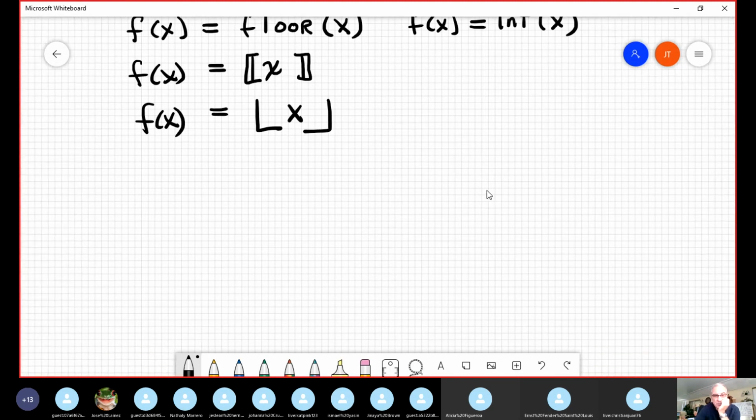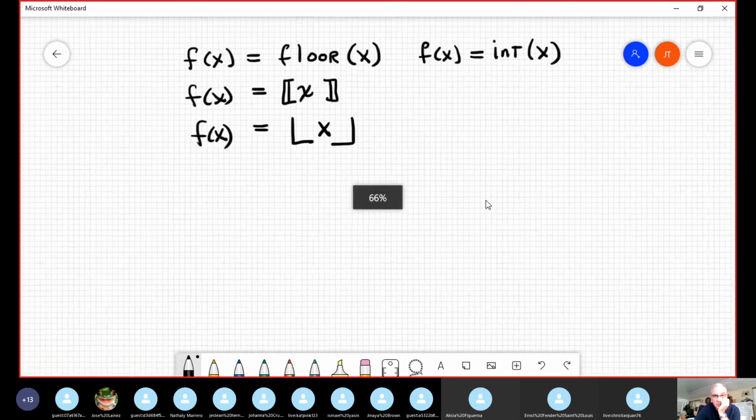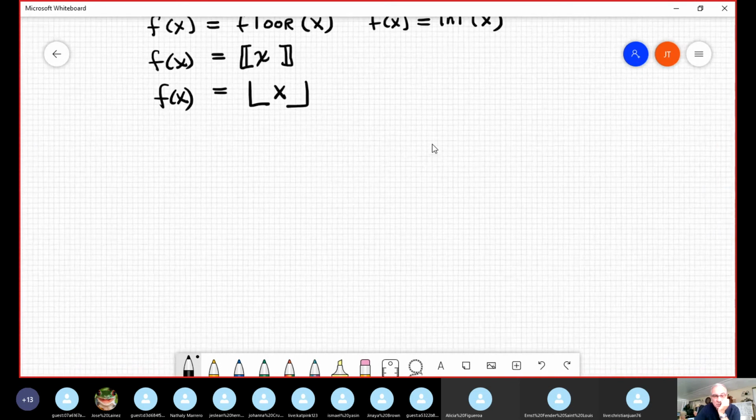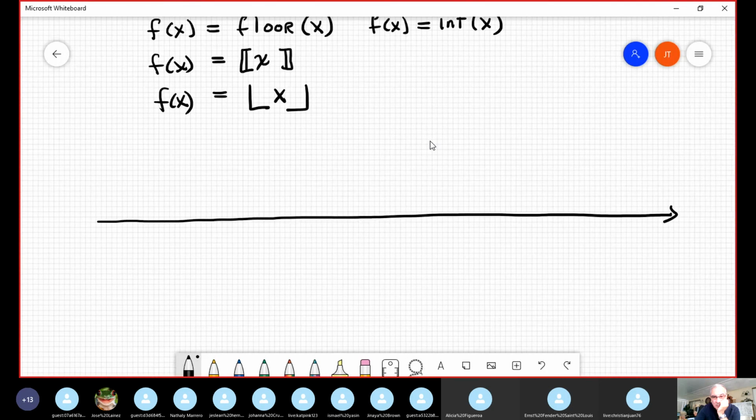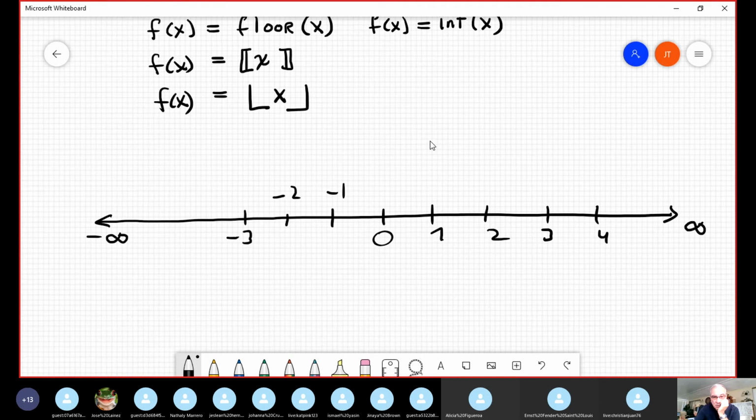Suppose I want to compute different values of this function. Basically the domain is the real numbers. This is my real number line from negative infinity to positive infinity, with 0 in the middle, and 1, 2, 3, 4, negative 1, negative 2, negative 3, negative 4.